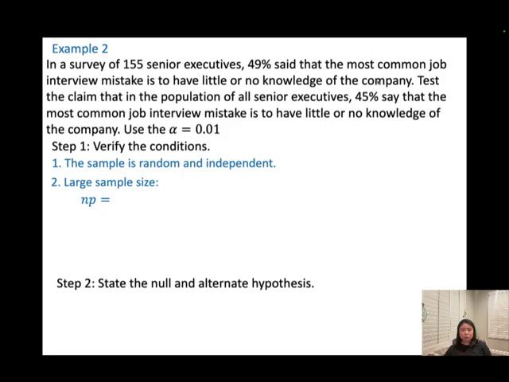So this 45% is the population proportion, which is going to be your p here. So we have 155 times 0.45. You should get this number, which is going to be greater than 10. And then we're going to find the number of failures.